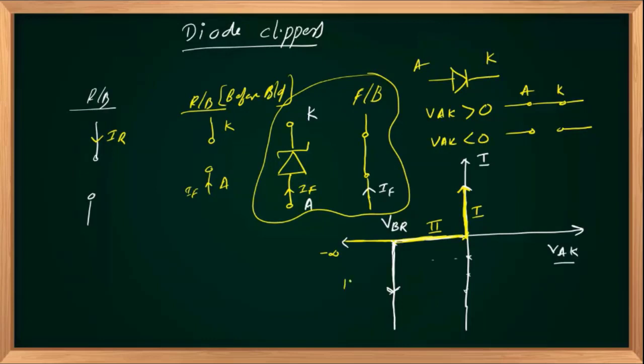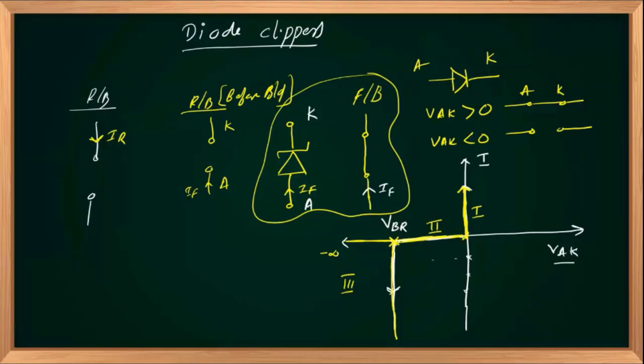Whereas in the third region, it breaks down and current can take any value, ideally up to infinity, in the reverse direction, in this direction. And you can observe that voltage across the device is always VBR.